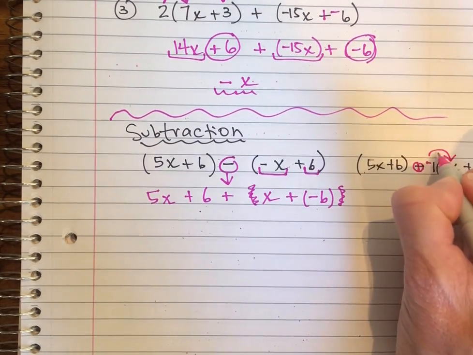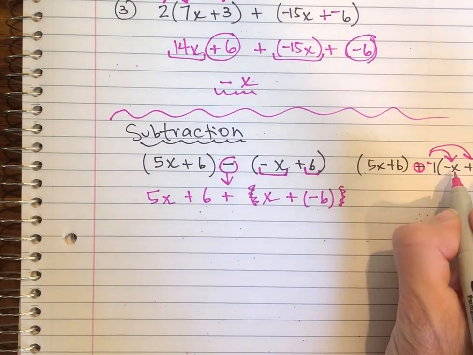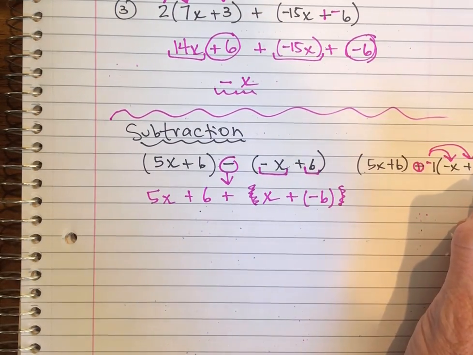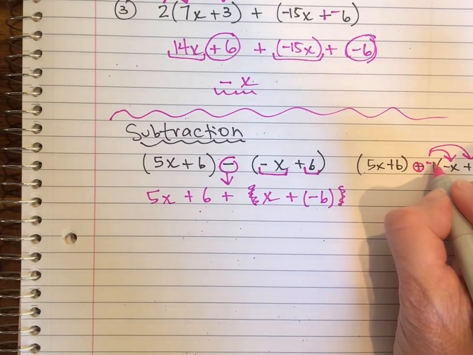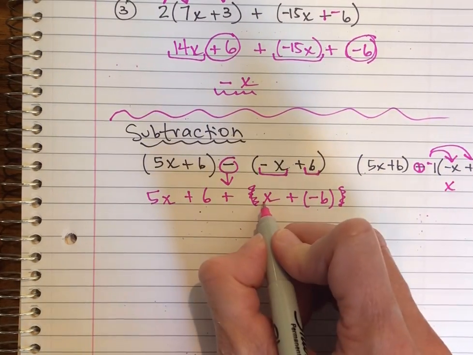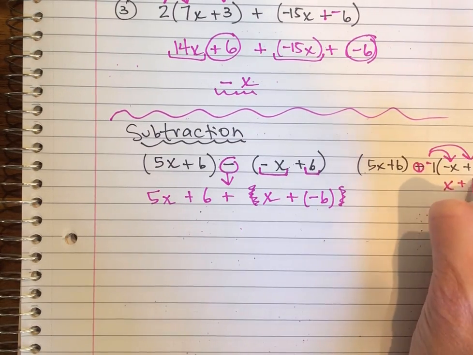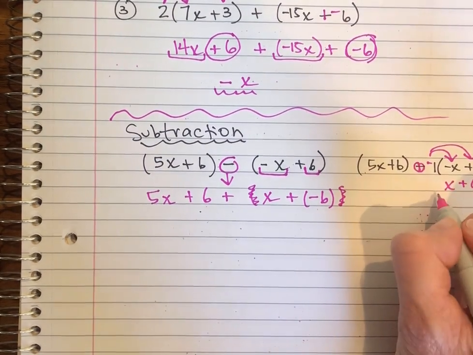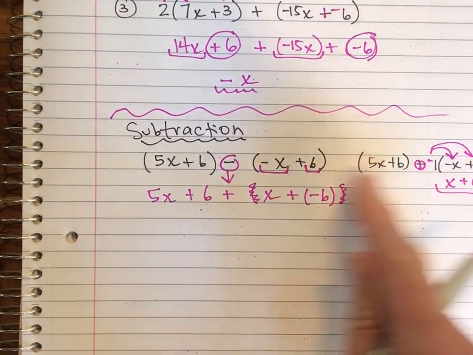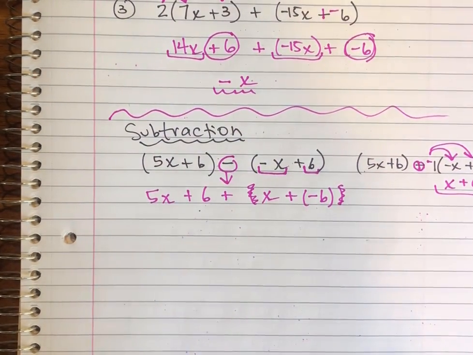Then we can distribute the negative 1 to both the negative x and the 6. So negative 1 times negative x would just be x, just like we got here. And negative 1 times 6 would be negative 6. So again, however you want to think of this is totally fine. It means the same thing.